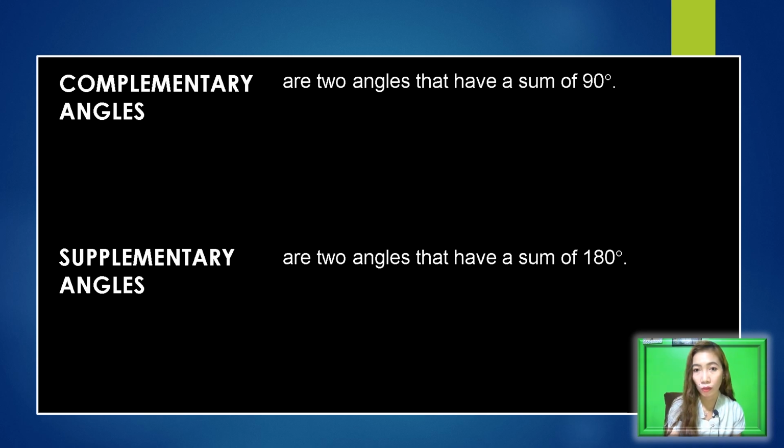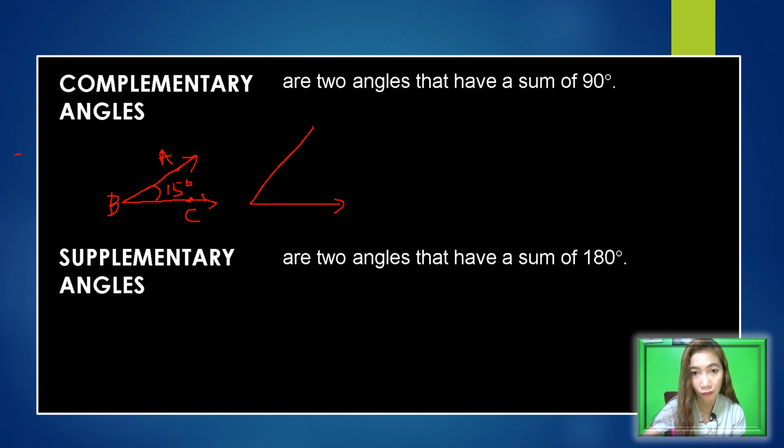If I'm going to illustrate the first one, let's say I have a first angle, angle ABC, and its measure is 15 degrees. The other angle will be angle DEF.